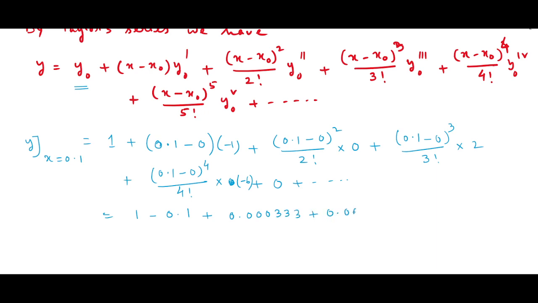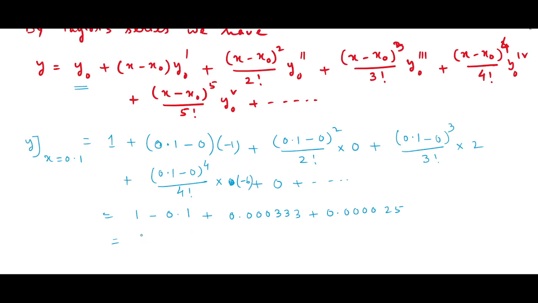The last term is 0.000025. So if you add all the numbers, it's 1 minus 0.1 plus 0.000333 and then finally 0.000025.